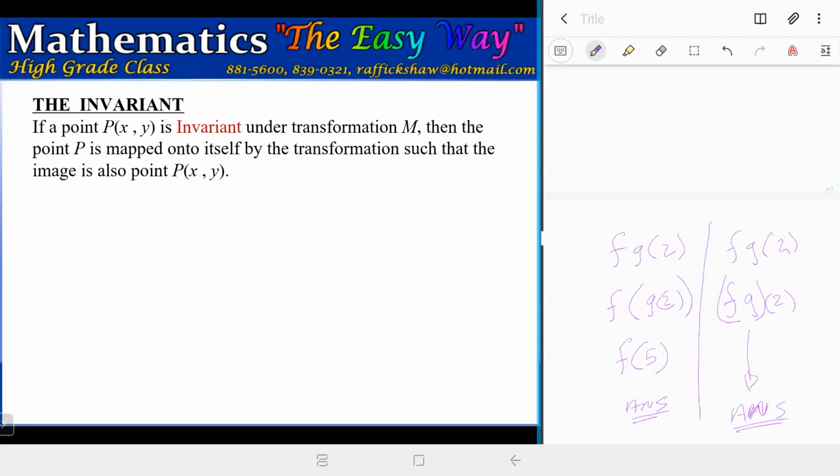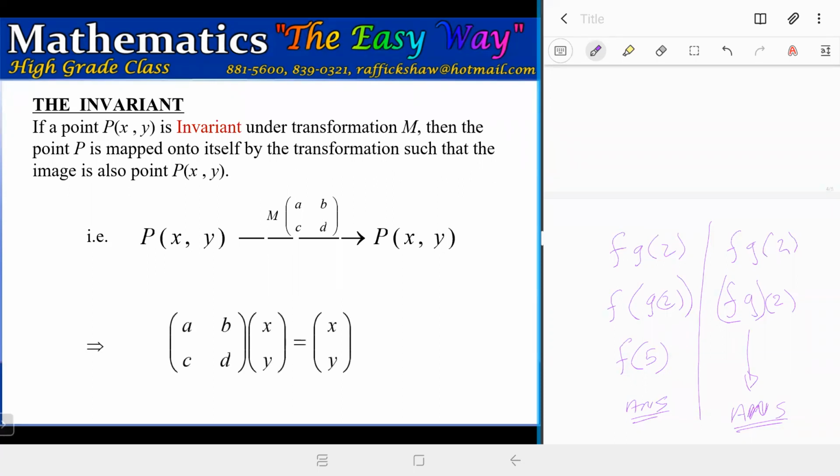If a point P(x, y) is invariant under transformation M, then the point P is mapped onto itself by the transformation M. So it means that the object point and the image point are the same under the transformation M. The point P(x, y) is mapped by a transformation M back to the same point P(x, y), then that point is an invariant point.